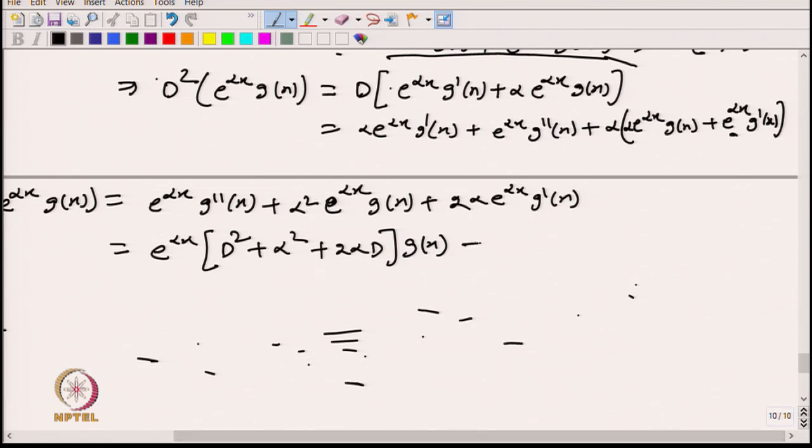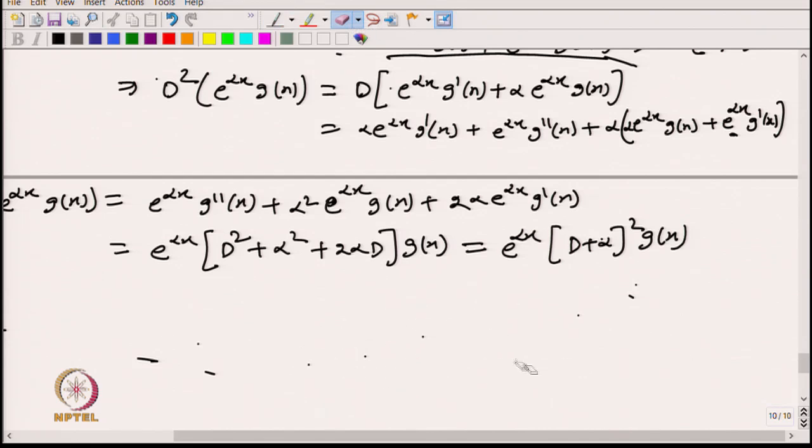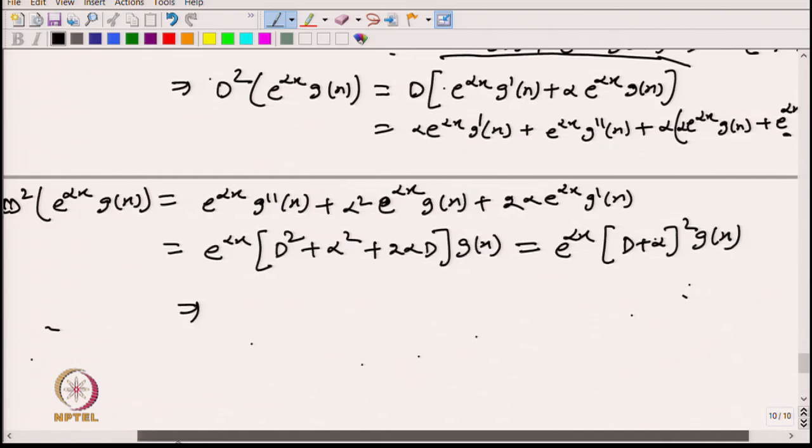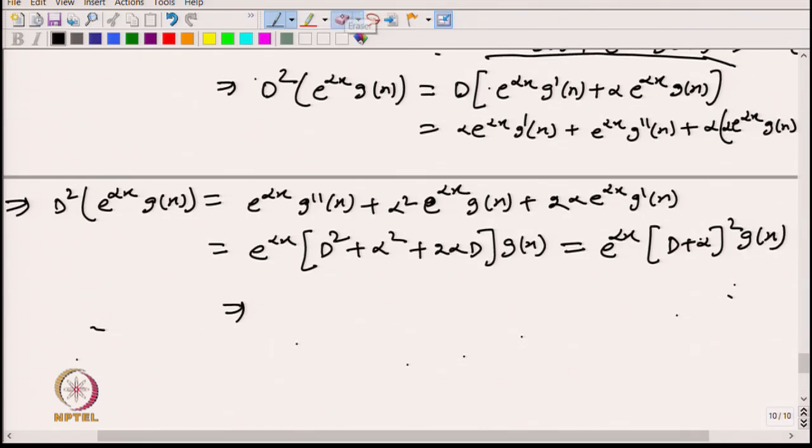So, from here I will get e raised to power alpha x (d plus alpha) whole square operating on the function g x.